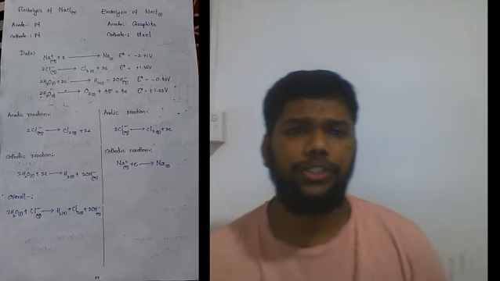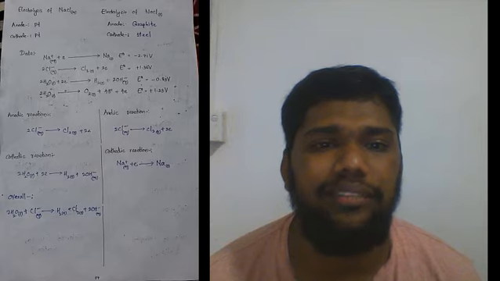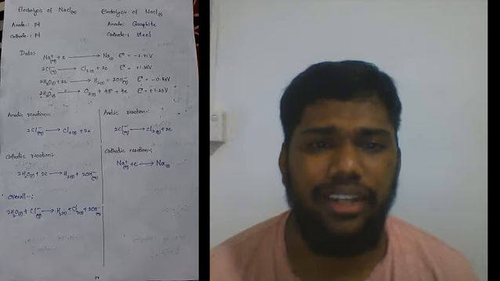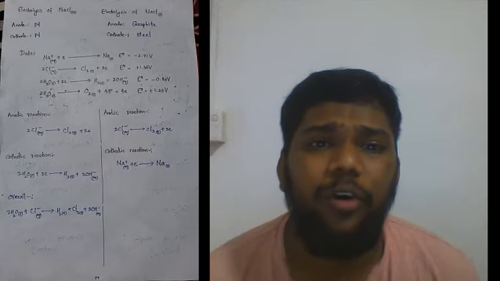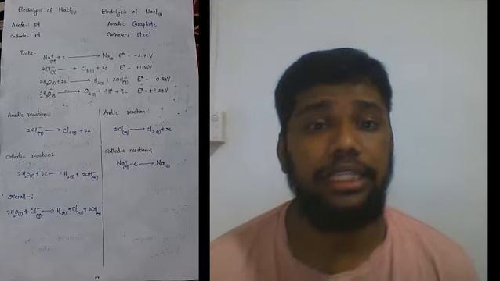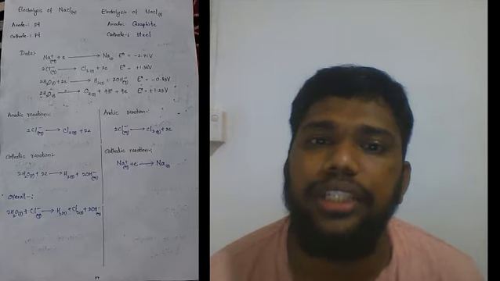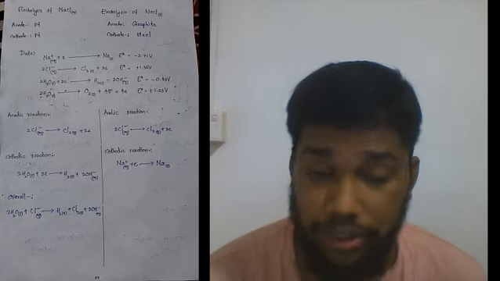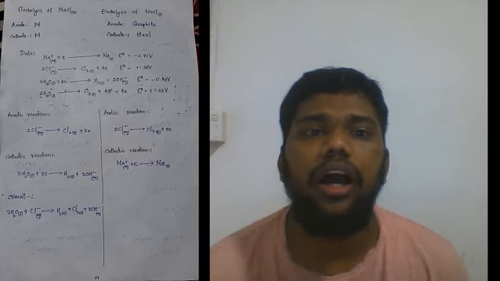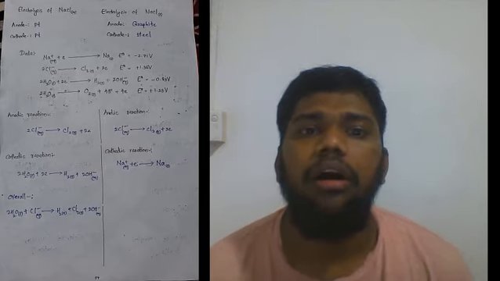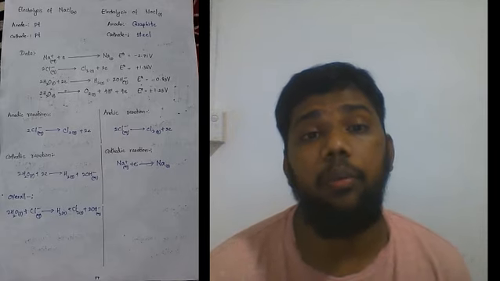But here actually the anodic reaction is 2Cl minus aqueous giving Cl2 gas. The reason for this is, although the oxidation of OH minus is favored thermodynamically, there is another factor which determines its oxidation, that is the kinetic factor. According to the kinetic factor, OH minus is not favored, Cl minus is more favored.